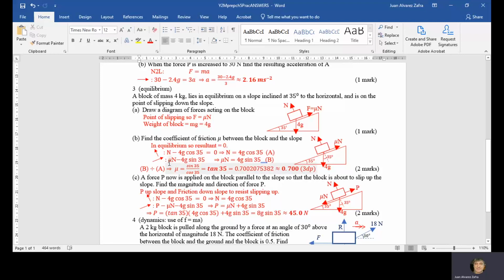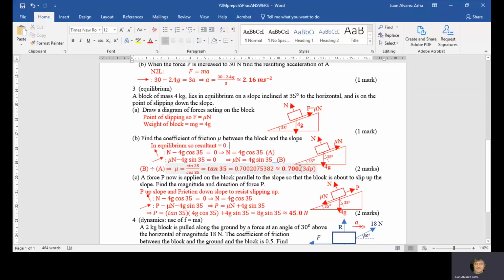So now we have that mu N minus 4g sin 35 equals 0, and that means that mu N equals 4g sin 35. It equals 0, of course, because we're in equilibrium. Now, if you take equation B and divide it by equation A, you get the g's cancelling. You get sin 35 over cos 35 is tan 35, and you magically get that mu equals tan 35.